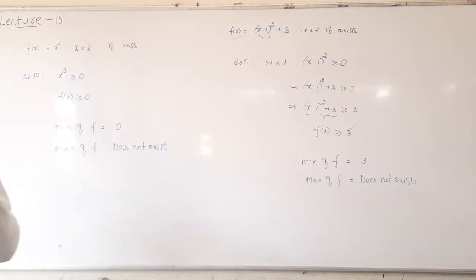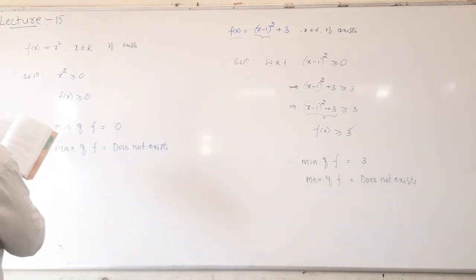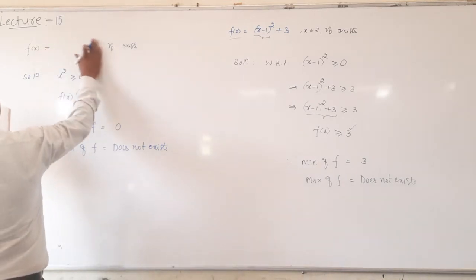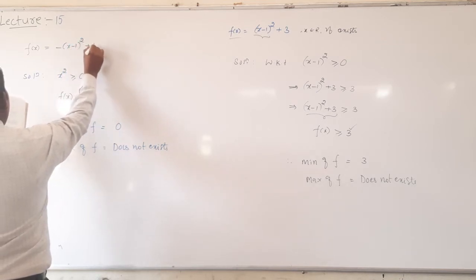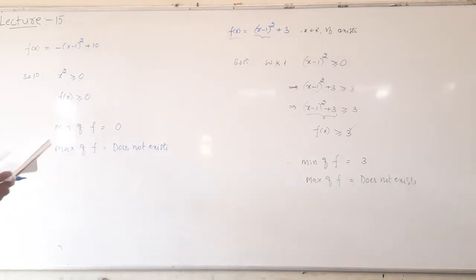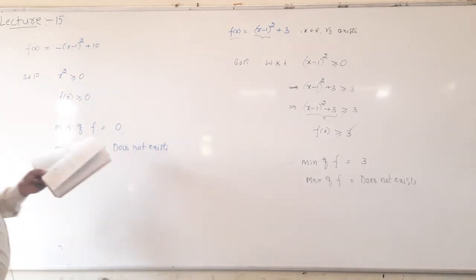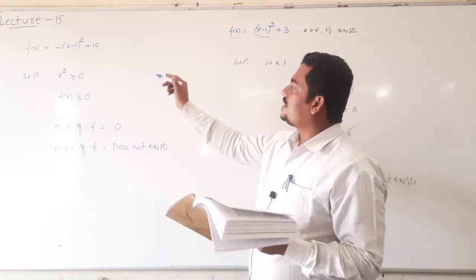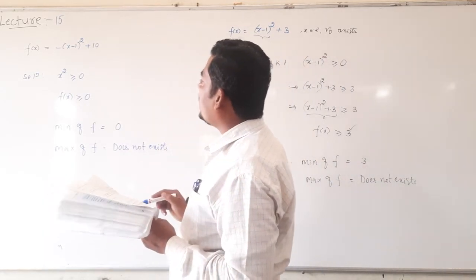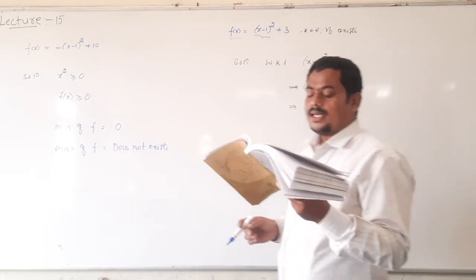Next problem. Find the maximum and minimum values for the function f of x equal to minus of x minus 1 whole square plus 10, if they exist.